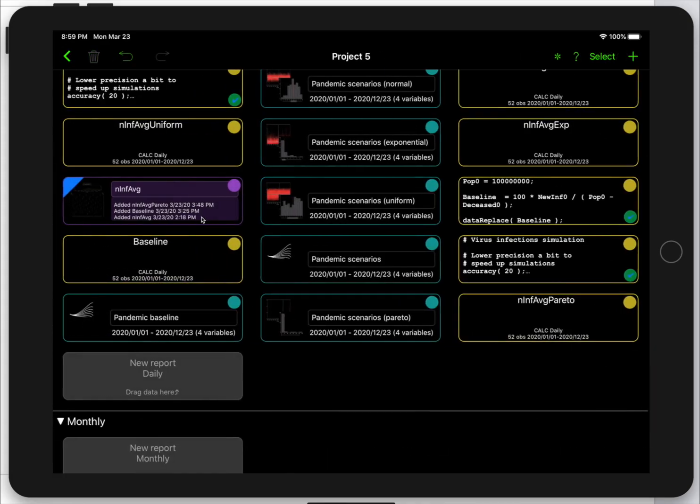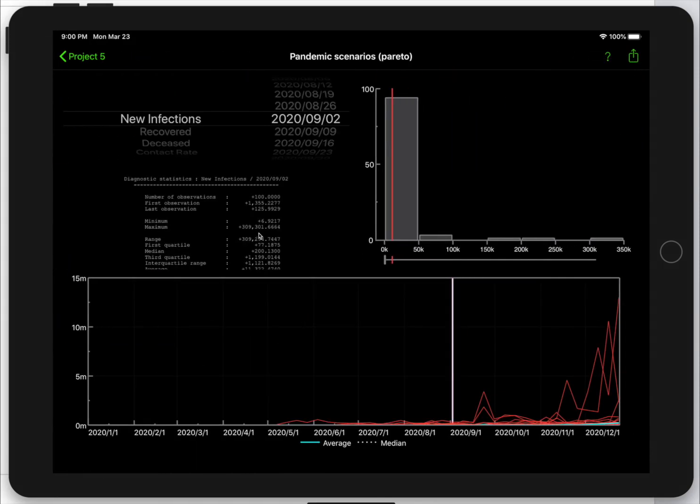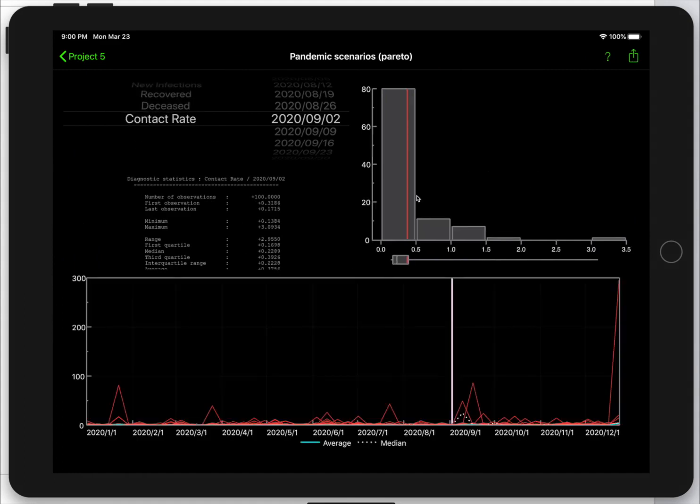Let me, for example, show you the Pareto. If I can find it, here we go, right in front of me. Okay, so in this case, for example, the contact rate looks like this. It comes from a Pareto distribution. And 80% of the infections come from 20% of the contacts.